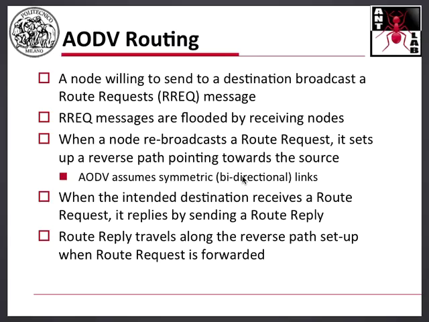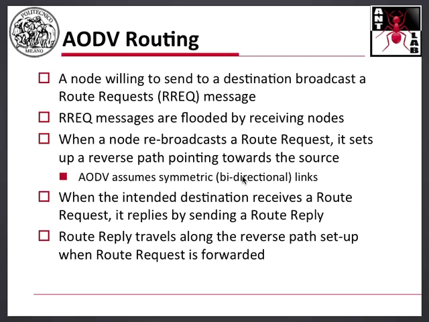Clear? So I have to reach that guy over there. I don't know what the path to that guy is. So I just issue a request to find a path to that guy, and this request is flooded by the network, meaning that all the nodes receiving a route request message just resend it to their own neighbors.